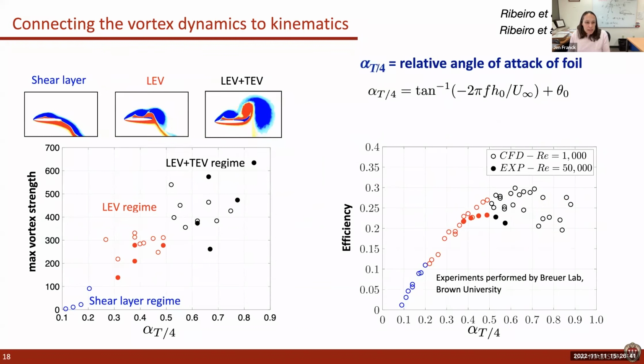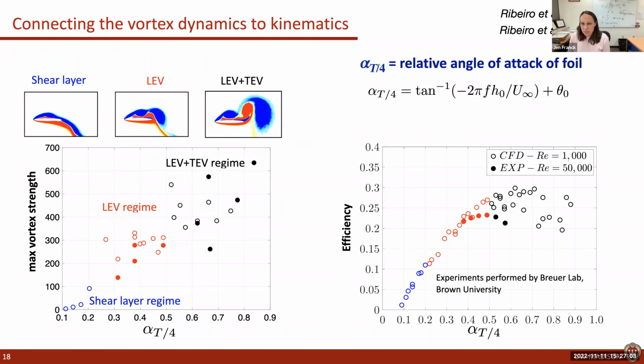So if you look at the vortex dynamics a little bit more carefully, we can characterize the strength of these vortices. And the way that we did this, because we have three kinematic parameters, the frequency, the heave amplitude, and the pitch amplitude. On the upper right, we've calculated a relative angle of attack of the foil.